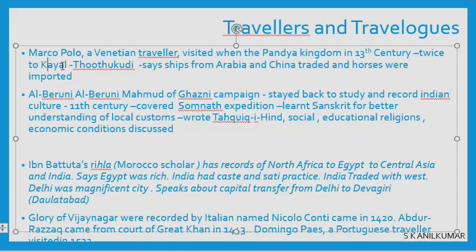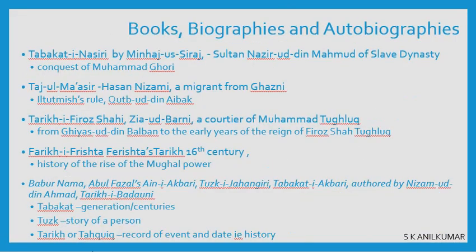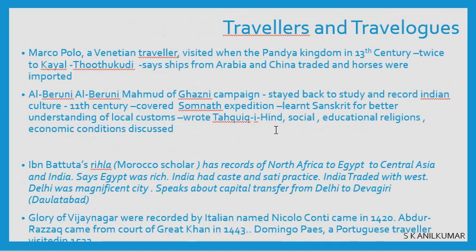He wrote Tahqiq-i-Hind. Tahqiq is the history. We have seen Tahqiq or Tarikh is the history or the record. Tahqiq-i-Hind means about Hind, about India. Now this Hind or Hindustan is not the same as the Hindustan or the India we have today. The word Hindustan had gone through multiple meanings, connotations, interpretations and usage over a period of time. It never ever meant the Indian subcontinent.